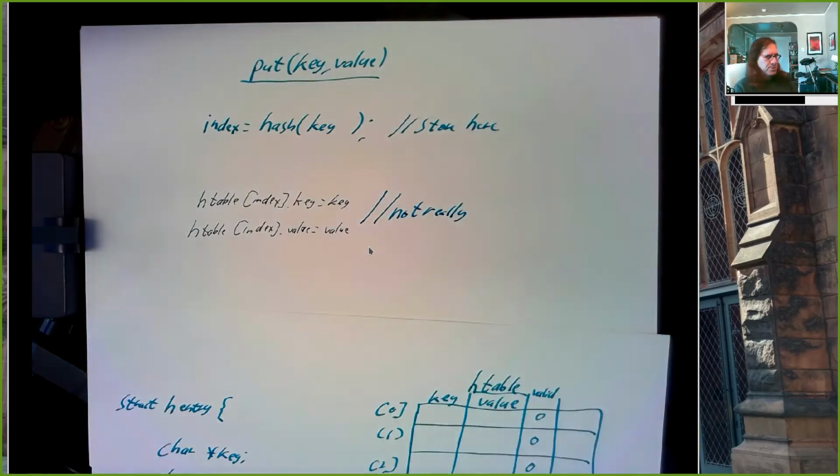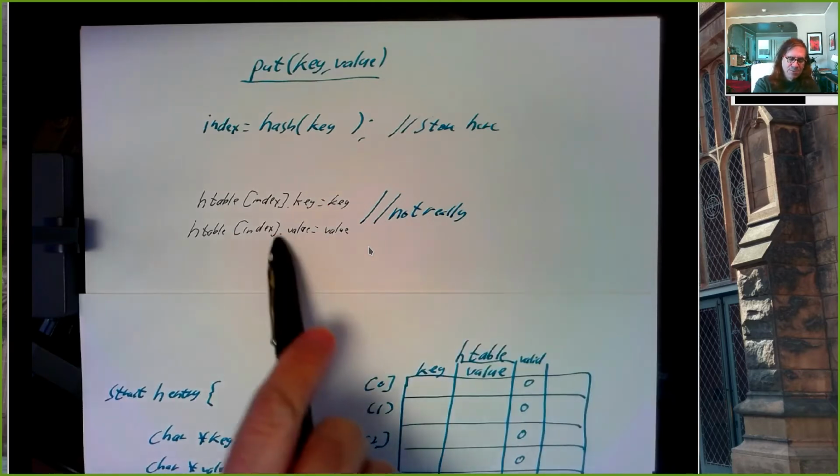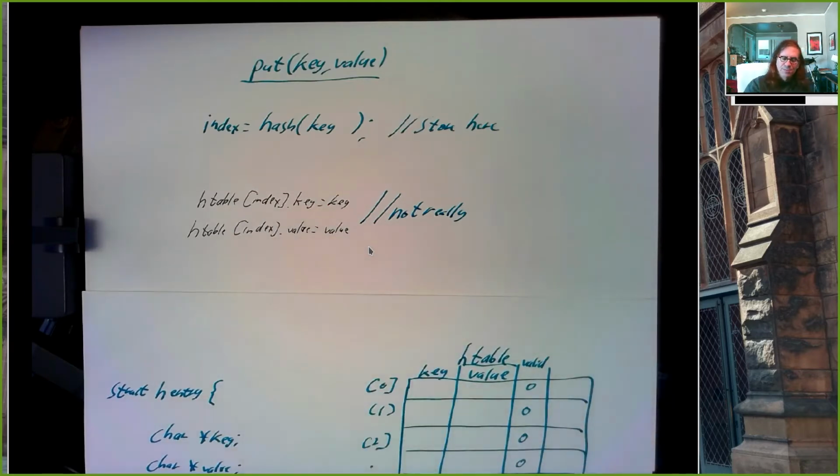But we can't really do it like this. This is pseudocode. If we want to do this in C, we got to do something more. So why wouldn't this work as C code? There's a couple of problems here. One of them's a little subtle, the other one's extremely subtle.